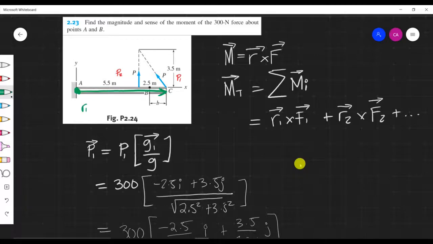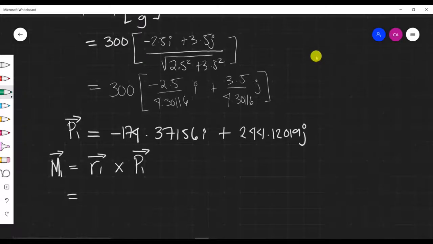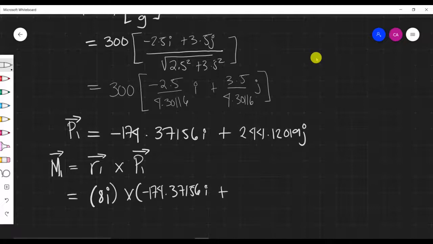So meron siyang R1 vector is equals to 8i. Ibig sabihin nun, 8 towards the direction of i. So, yun yung R1 natin. R1 natin is basically 8i times negative 174.37156i plus 244.12019j.